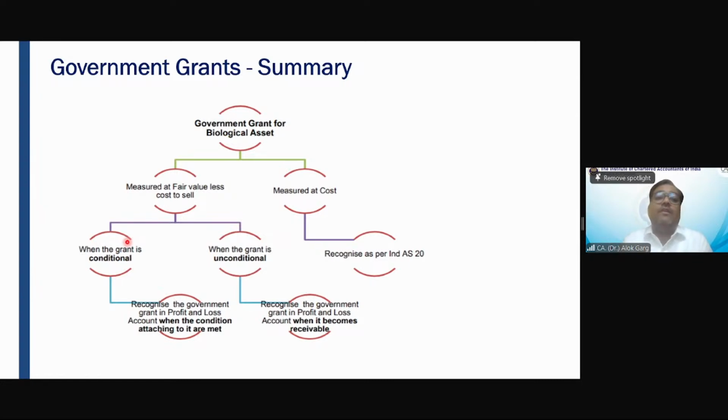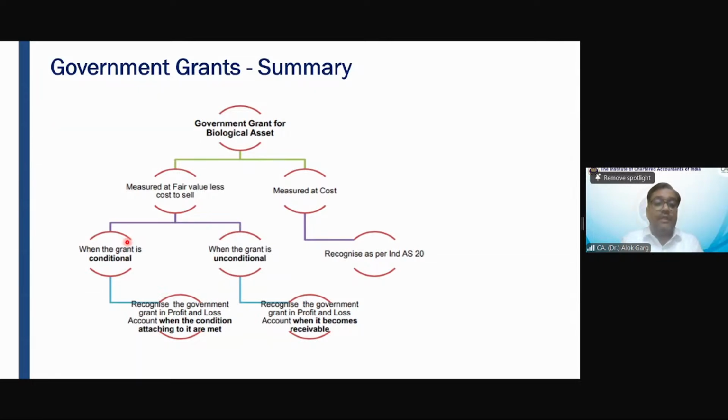Friends, when will you recognize this government grant? It is after 5 years, when the condition relating to the grant is met, right? Even if the company has cultivated for 4 years and 11 months, if in the last month it does not cultivate, the entire grant becomes refundable to the government.